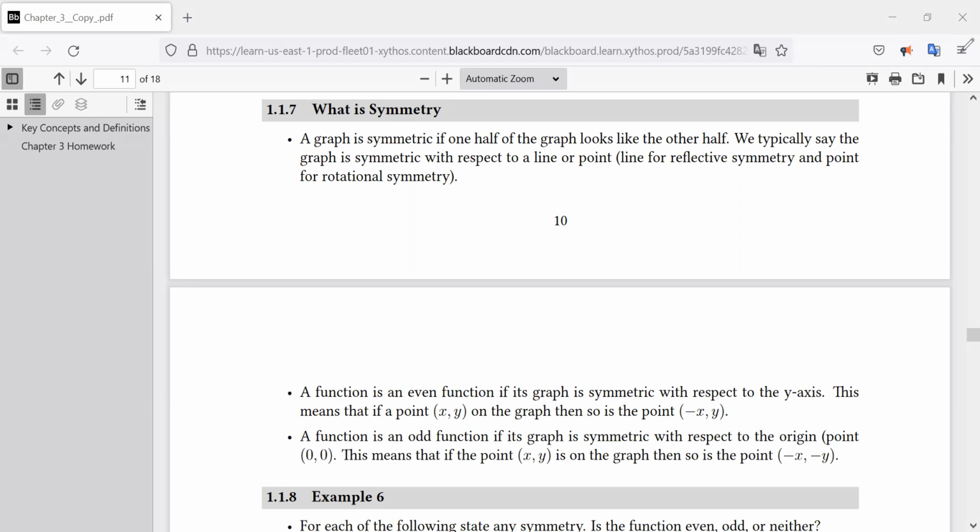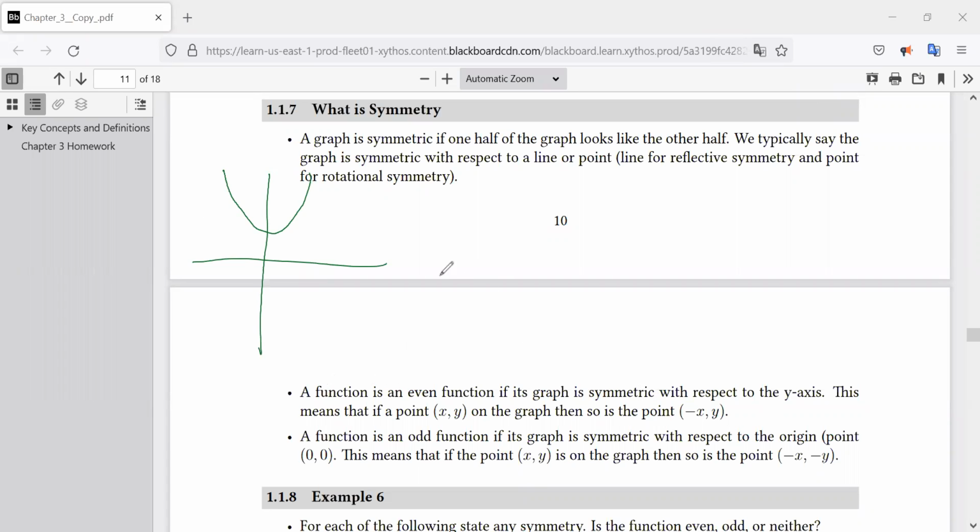If we're talking about graph symmetry, there's a few different types of symmetry that we can talk about. The most obvious is being symmetric about the y-axis. This is what's called an even function.